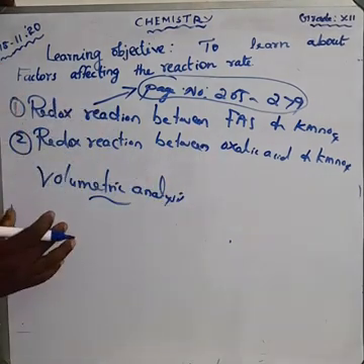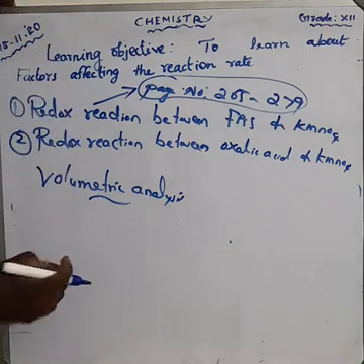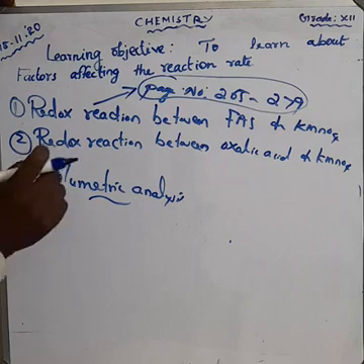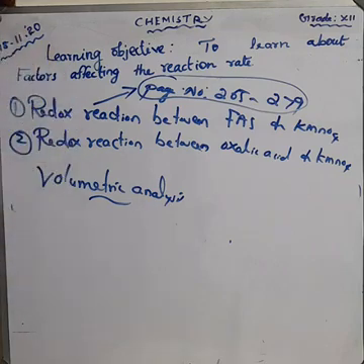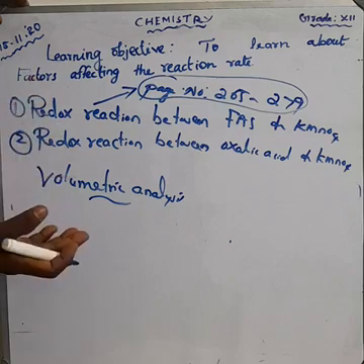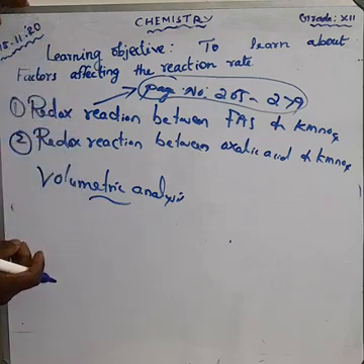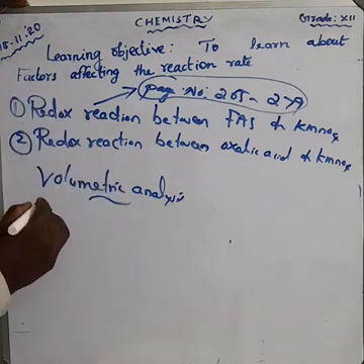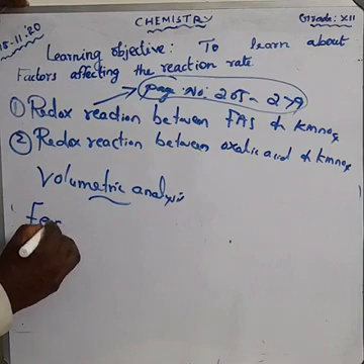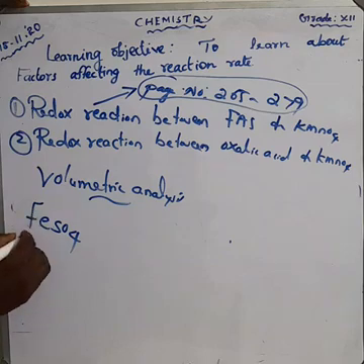Here you have to estimate the ferrous sulfate dissolved in 750 ml of the given unknown solution. You are given a standard solution, ferrous ammonium sulfate, FAS. You have to estimate ferrous sulfate, which is an unknown solution.